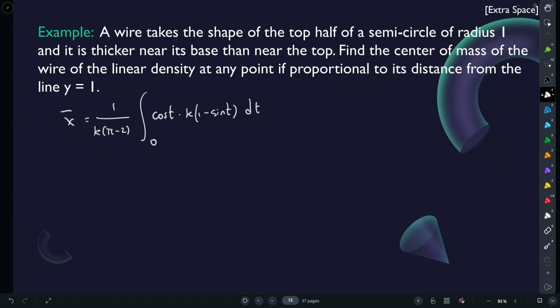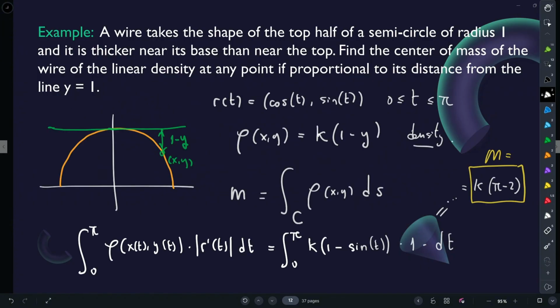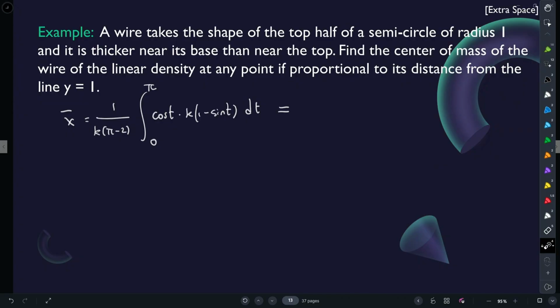And t, the time, is between 0 and pi. You can compute this integral if you want, but by the symmetry of the problem, because we're looking for a center of mass, there is just as much mass on this side as there is on this side. So the center of mass has to land on this line. You can compute this integral if you want and show that this is a 0.